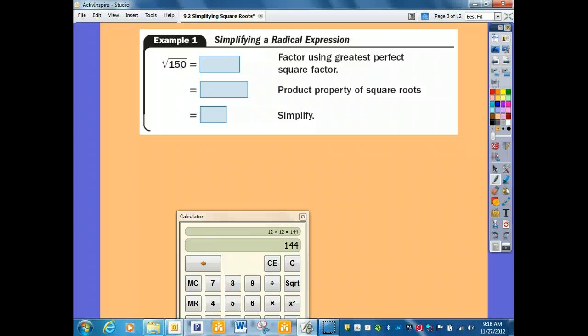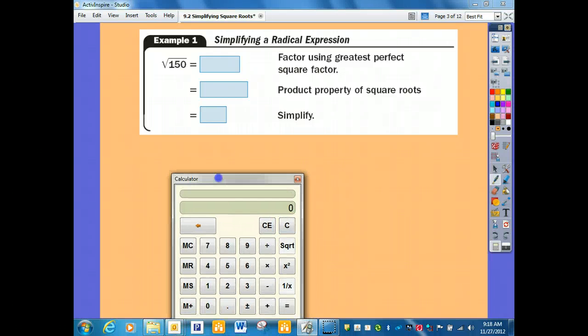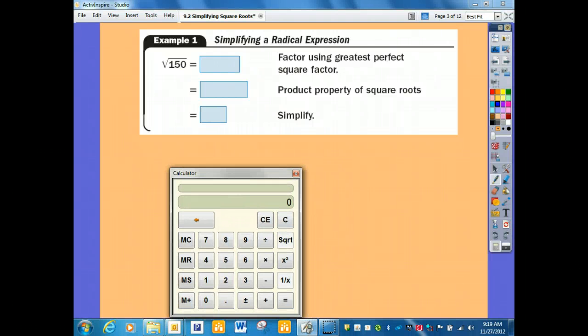Get your calculators out. 150 divided by 9, does that work? 150 divided by 4, did that work? How about then 4 times 4 is 16? Does 16 go into 150? No. Well, let's try 5 times 5.